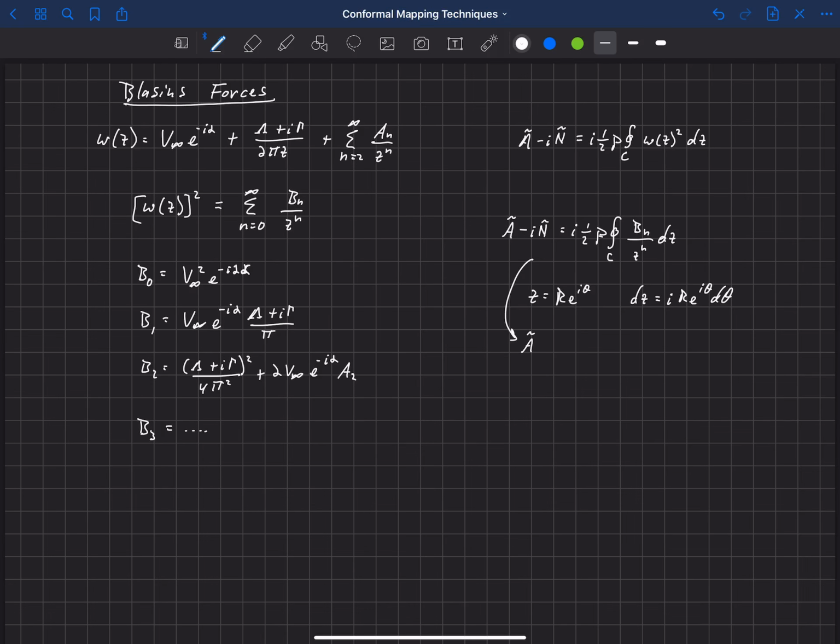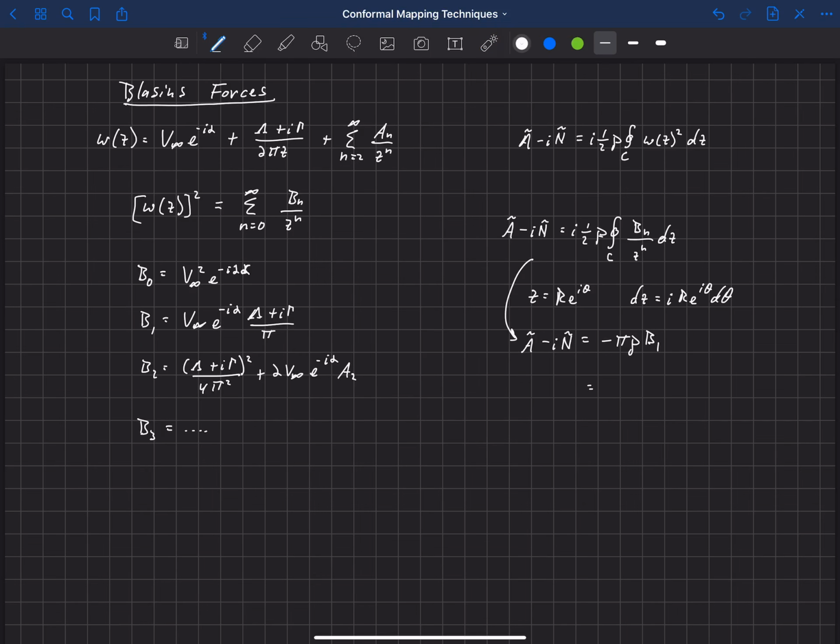After we work through that infinite series, we'll find out that A minus i N tilde is just equal to negative pi rho times b sub 1. Well, we happen to know what b sub 1 is right over here, so we can just plug that in.